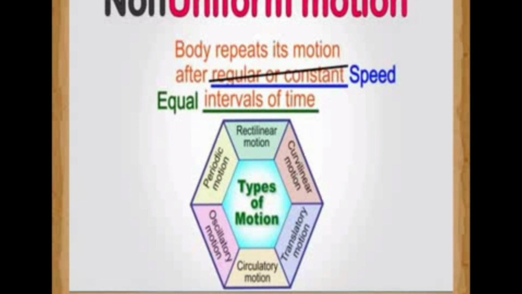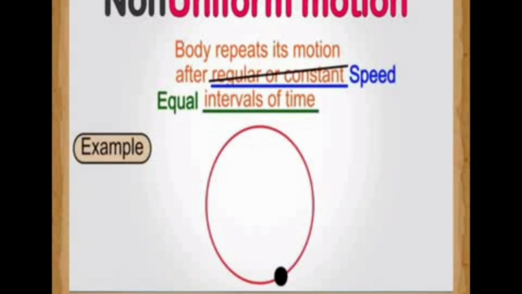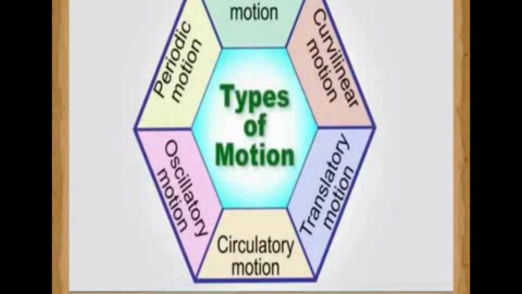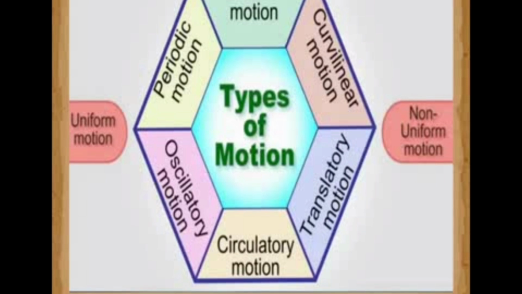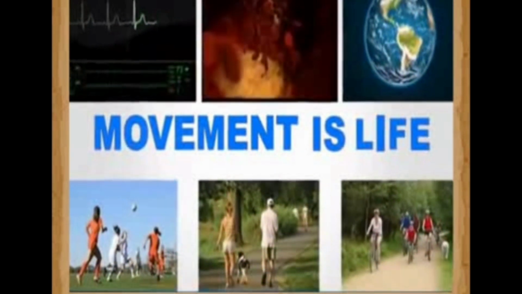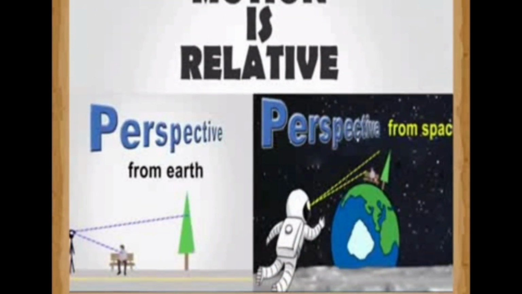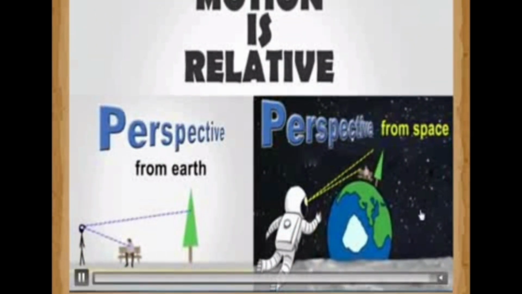An example of non-uniform motion is when the particle is not moving with a uniform velocity. It is traveling at different velocities. So these are different types of motions. Okay. So these are all the things we have seen in that slide.